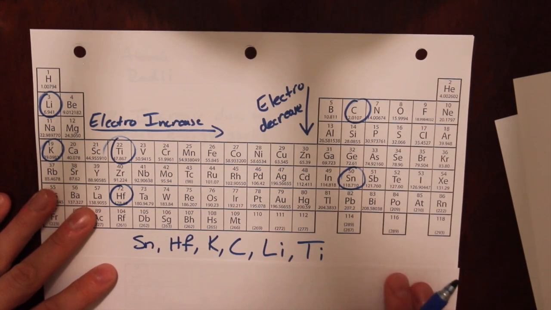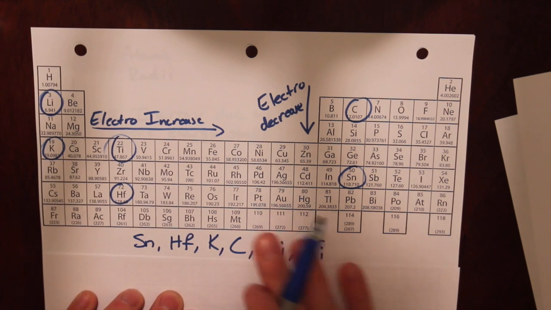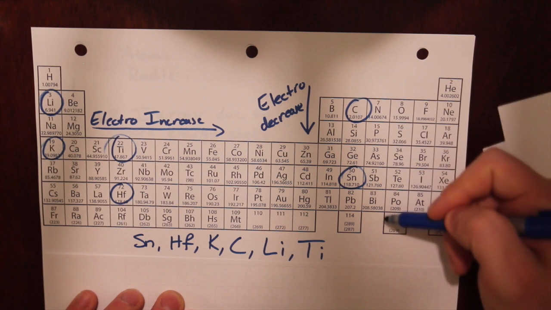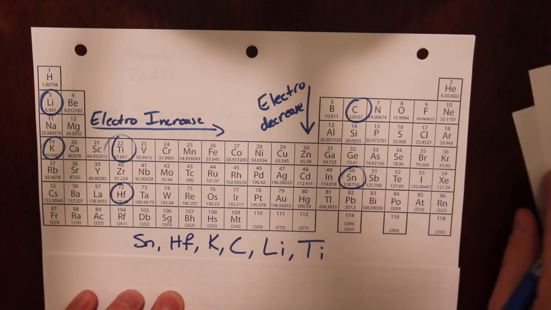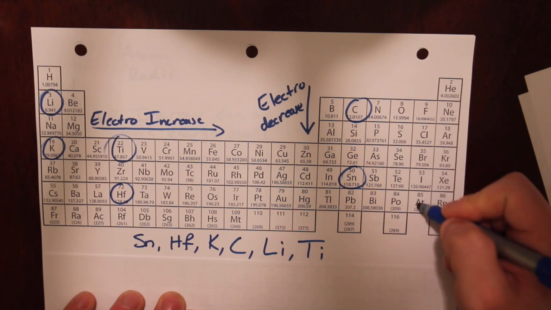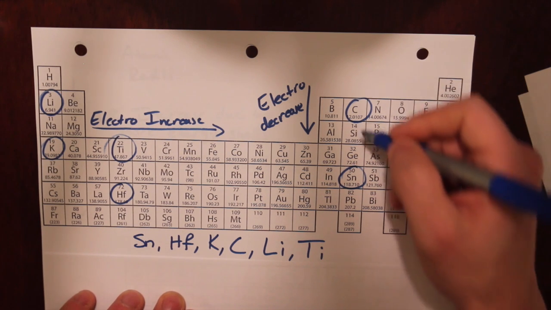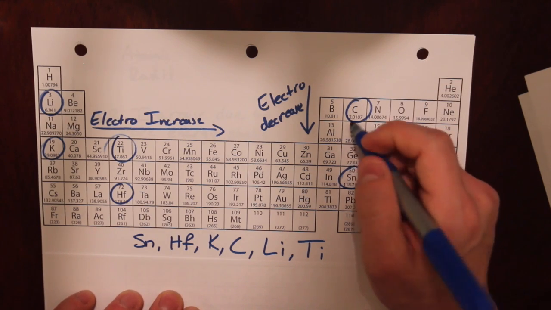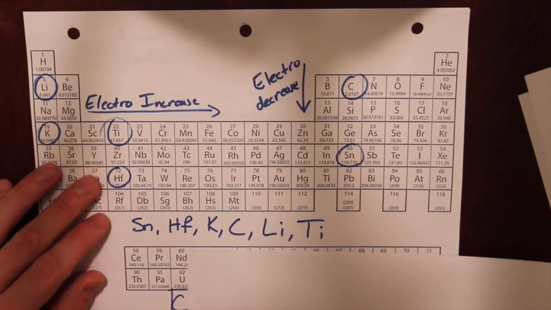Quick example I just made up, and this is going to be the same exact thing as ionization energy. We're just going to start at the top and go down. Tin, hafnium, potassium, calcium, lithium, and titanium. I circled them all for us there. So we're going to come here, go down, nothing. Come here, down, nothing, until we reach carbon. That's going to be our first one, followed by tin, which is going to be our second.